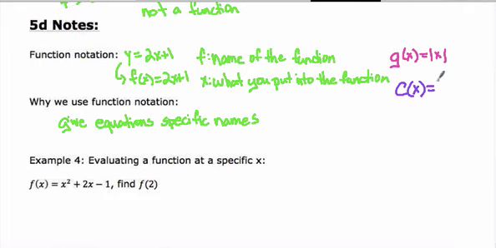So we could say cost is a function of the number of items, with x being the number of items. So let's say that something cost $2.50. We would put an x there, and then the more items we buy, the higher the cost. So it's just a way to give names to your equation.